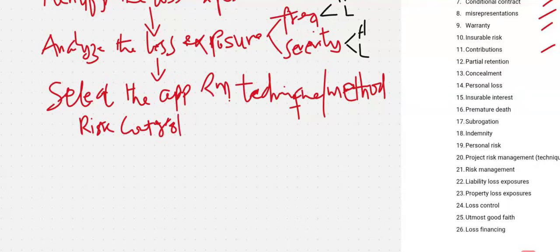Risk control measures, right? If the business cannot prevent the loss from occurring entirely, you know there are some losses you can easily prevent. Let's say, as an individual, you can prevent yourself from getting pregnant if you're a lady.